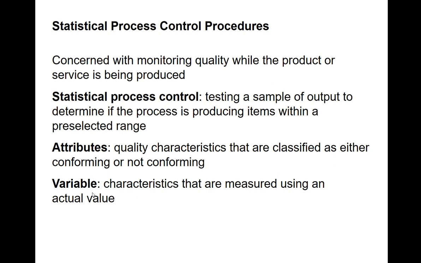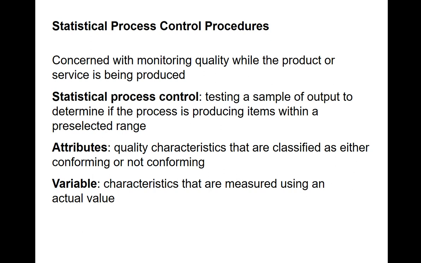And for the variable, we have X bar charts and R charts to help monitor whether the process is in control or out of control. Another type of output we can pick up is how many defects.